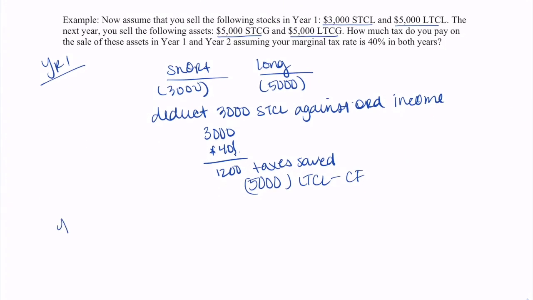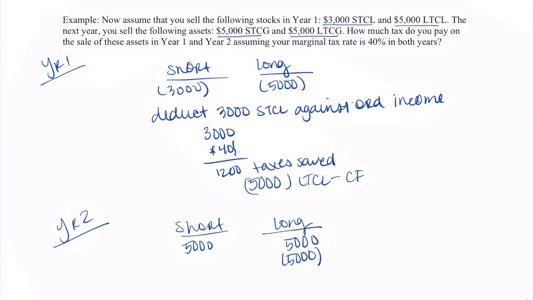Then we have year 2. We have the short and we have the long. So we had a short-term capital gain of $5,000, a long-term capital gain of $5,000. We offset that with the long-term capital loss that we've brought forward.